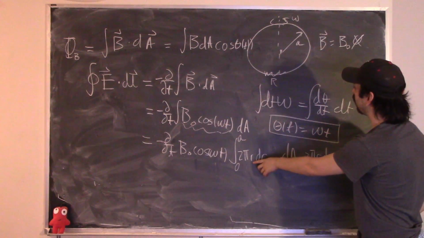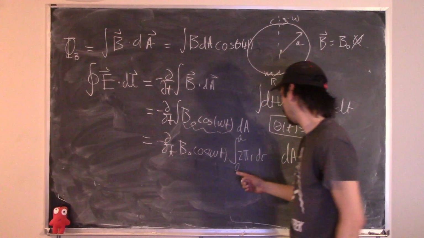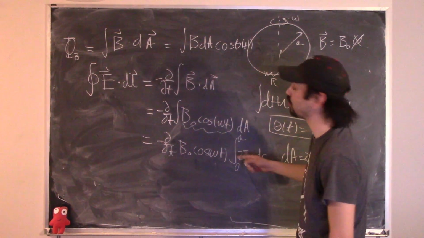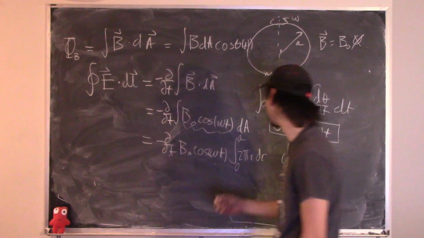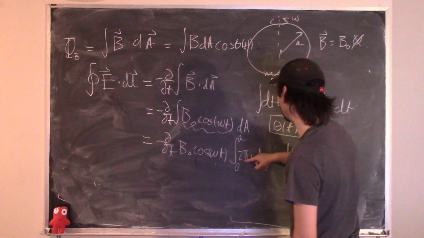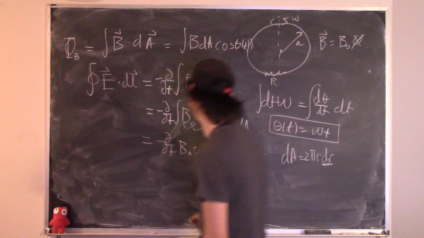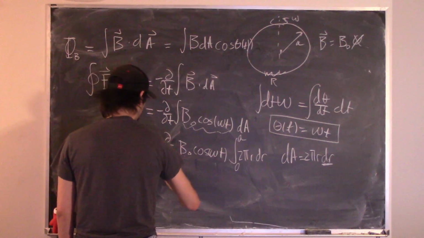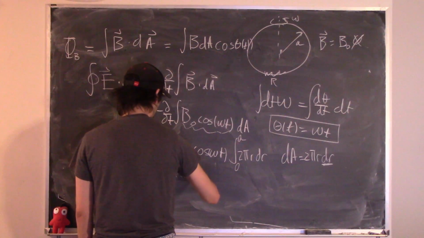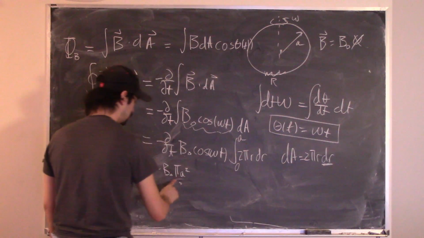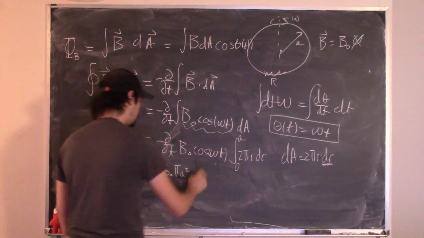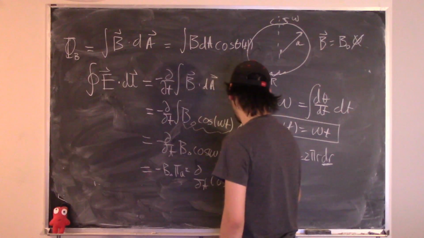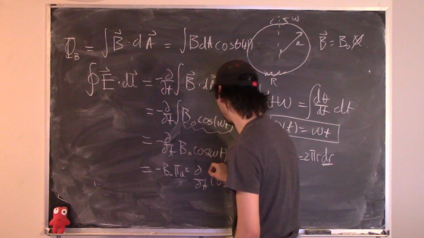And so then when I do this integral here, I'm going to end up finding that this is going to give me pi a squared divided by 2 times the 2 that I have here. And so I'm going to pull out everything that's a constant. This is minus B0 pi a squared divided by 2 times 2, and that just goes away. And now I have the partial derivative with respect to time of cosine of omega t.